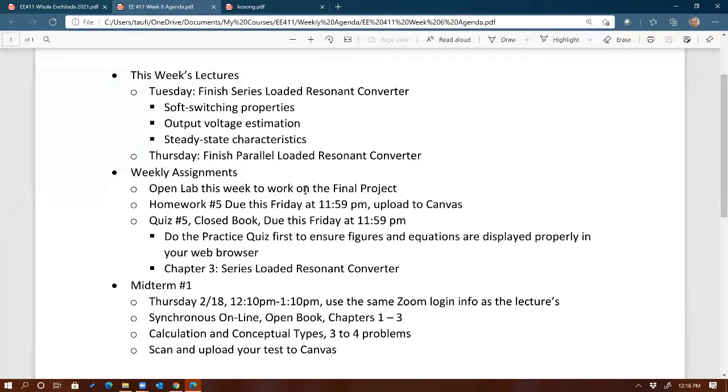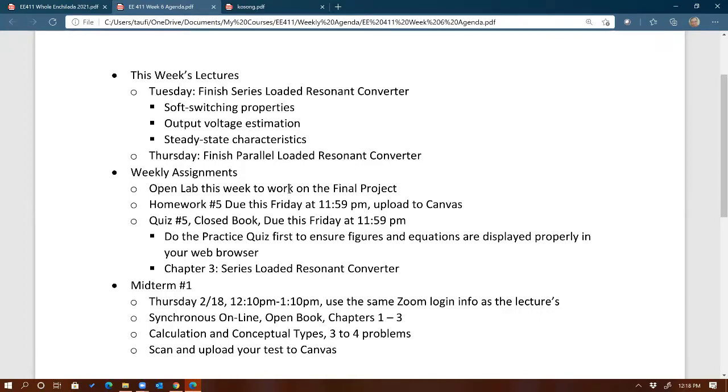Weekly assignments. We have open lab this week. That's why I haven't posted any lab manual yet on Canvas, because I'm thinking that since this is week number 6, it'll be good to do your final project check-in.